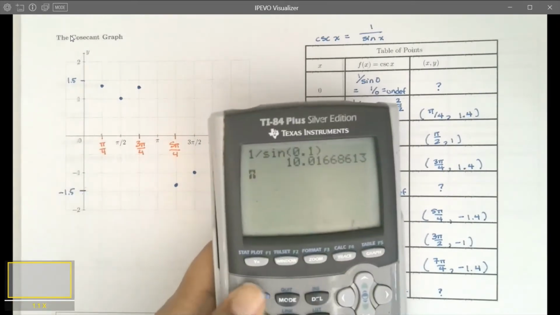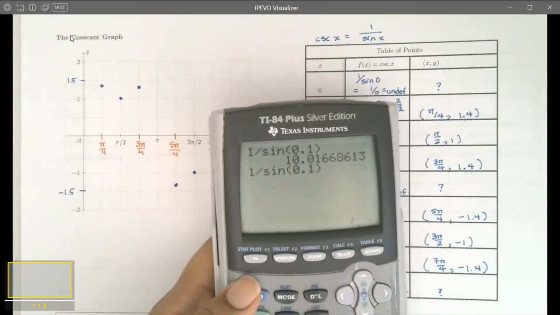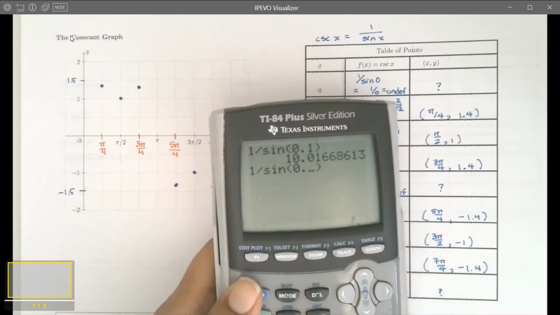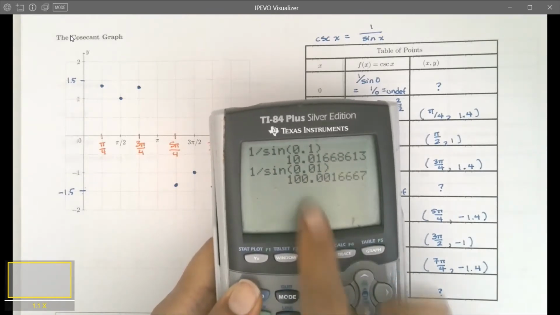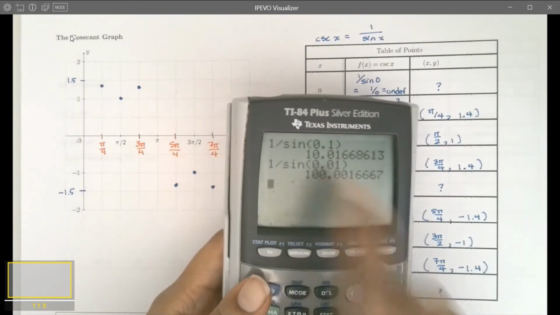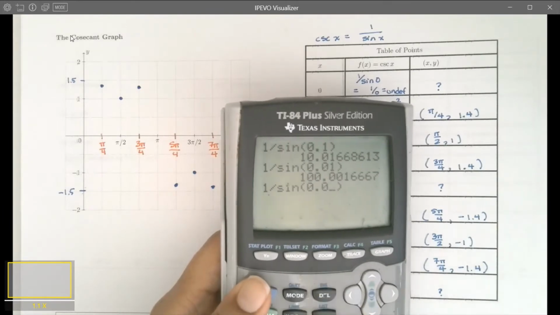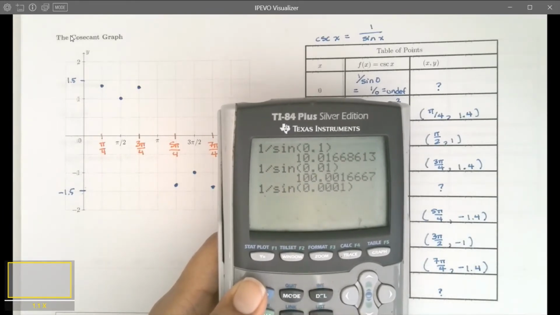Let's try to get a little bit closer. So if I do 1 over sine of 0.01, then I get 100. And if I try to get even closer to 0, let's say 0.0001, we get 10,000.